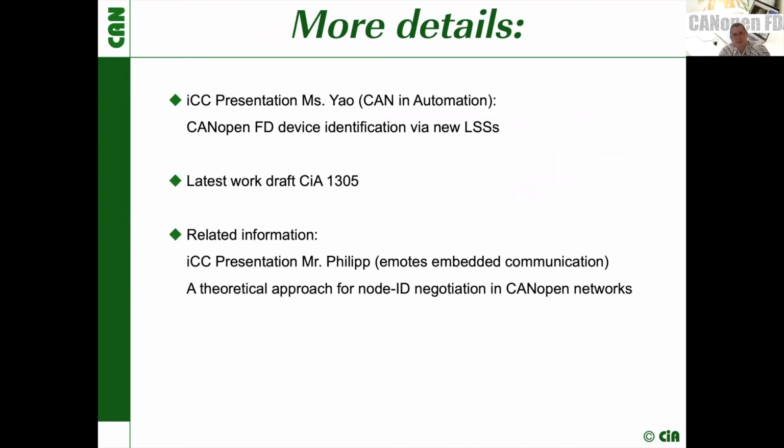And also during the ICC, we had a presentation of an alternative or extending method by Mr. Philip from Emotas Embedded Communication. Mr. Philip provided us a theoretical approach for node ID negotiation in CANopen networks. It works rather similar to what I presented here for the LSS FD.